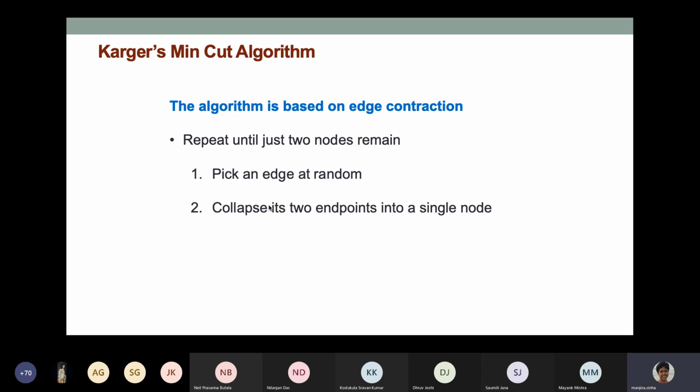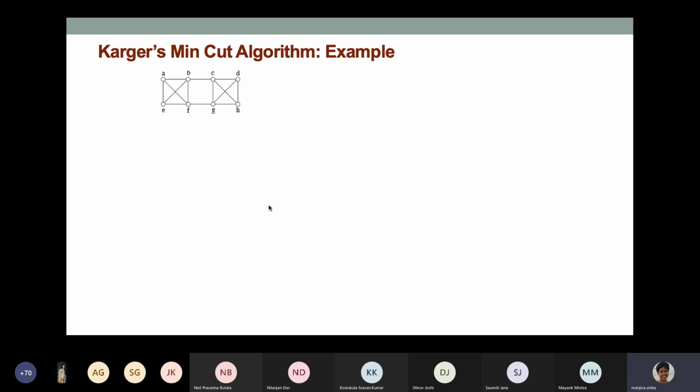So we will pick an edge at random and collapse its two endpoints into a single node. So let us see how you do it. Let us take our first example graph. We have a total of 14 edges, and we will choose the edge B to F with probability 1 by 14.